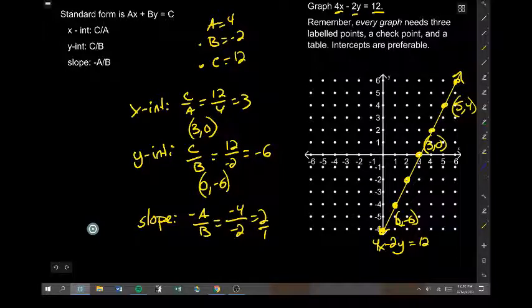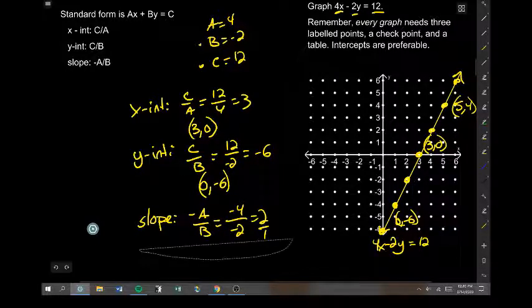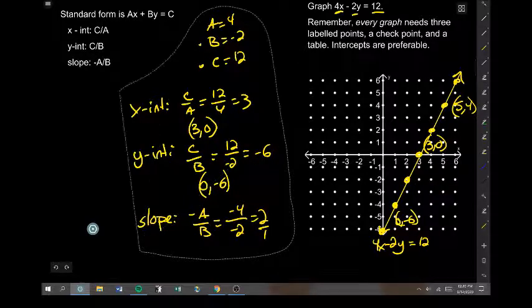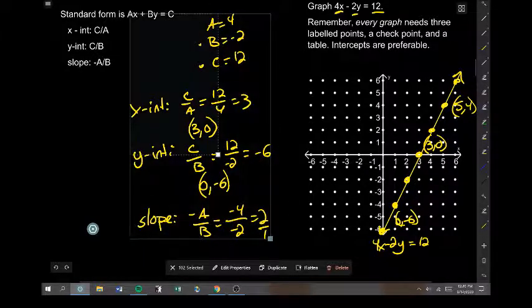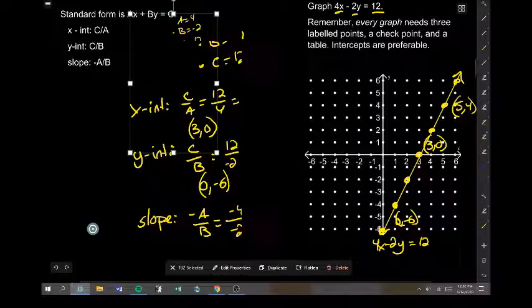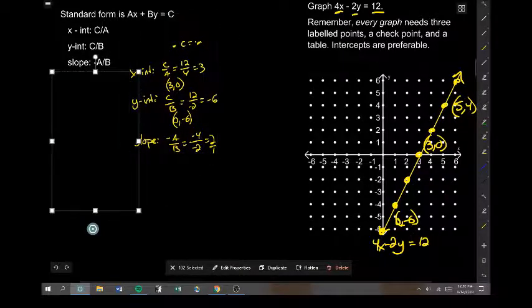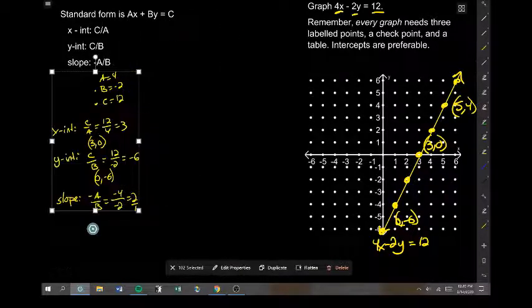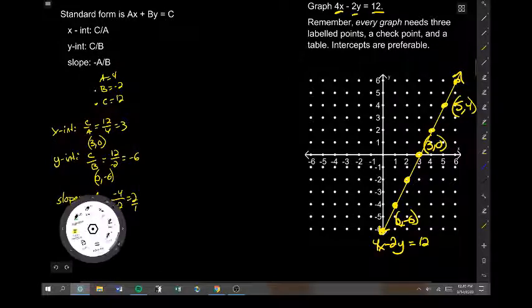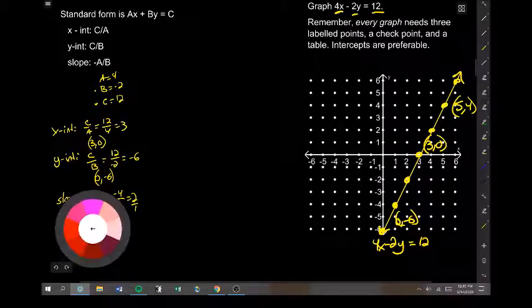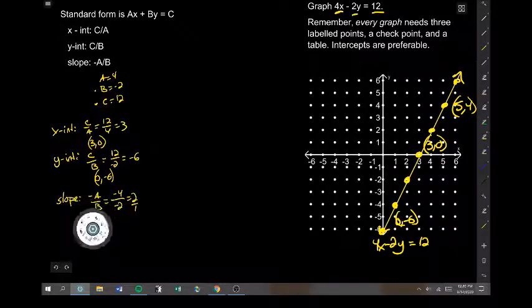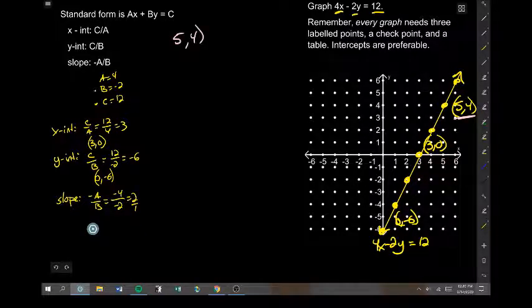I'm going to use a checkpoint to make sure that I've done this correctly. So I'm going to shrink this down and pull it off to the side. And let's check this in a nice, pretty little pink color. I'm going to take the point (5, 4).